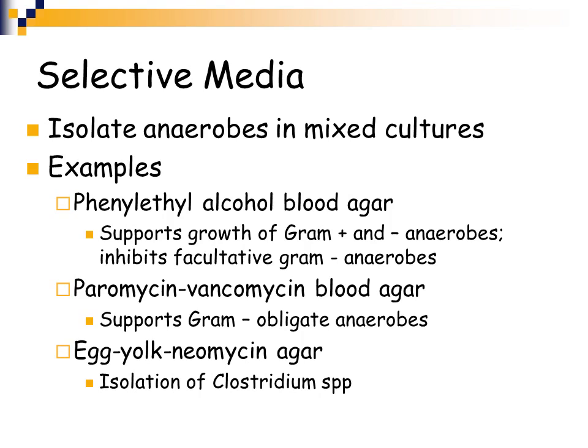So examples of some of the selective media are PEA blood agar or phenylethyl alcohol blood agar. So this agar supports both gram-positive and negative anaerobes, and it will inhibit your facultative gram-negative organisms. Paromomycin vancomycin blood agar, or PV blood agar, supports gram-negative obligate anaerobes, and your egg yolk neomycin agar is very specific for the isolation of Clostridium species.